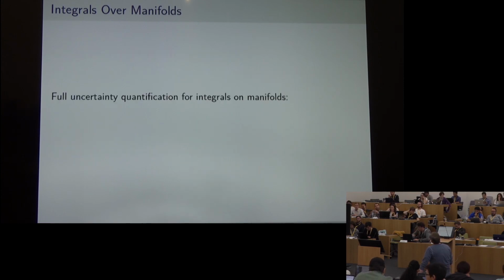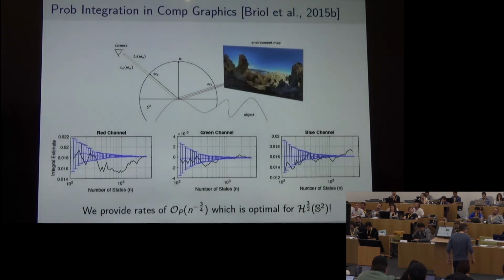And the results look something like this. So if I just look at one example, one pixel for the red, green, and blue channels, the little black line is the Monte Carlo estimate, and it looks fine. As the number of quadrature points increases, then it kind of converges, so that looks good.